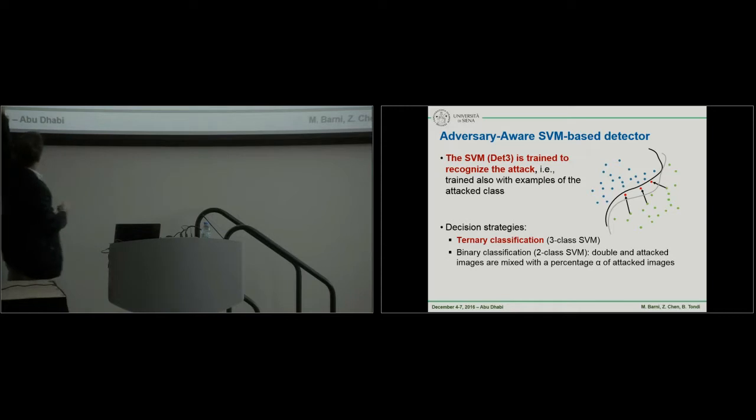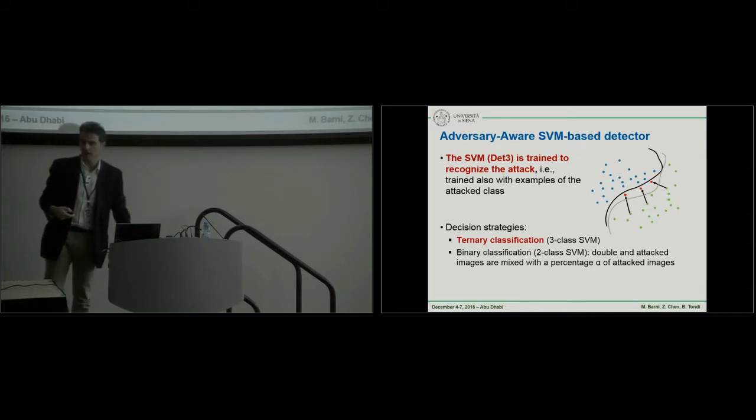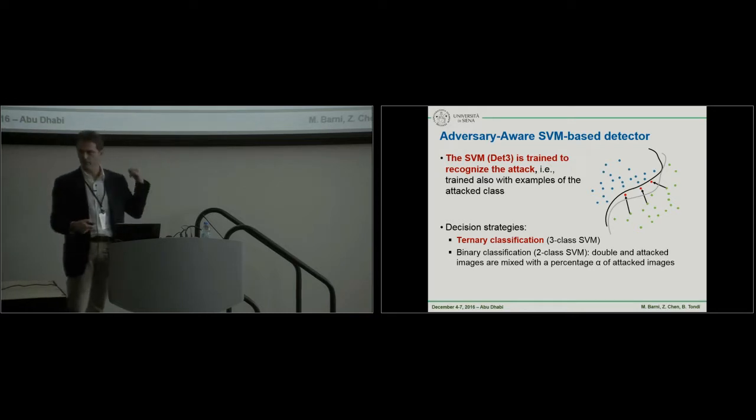In doing so, we have two possibilities. We can build a ternary classifier, in which I want to distinguish the three classes. Or I can build a two-class classifier where attacked and double JPEG images are treated in the same way. For the sake of brevity, I will report results only for the ternary classifier, but very similar results have been obtained for the two-class classifier as well.